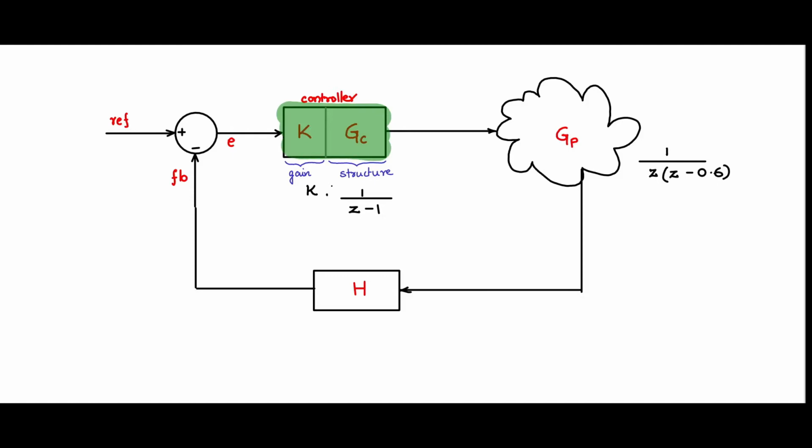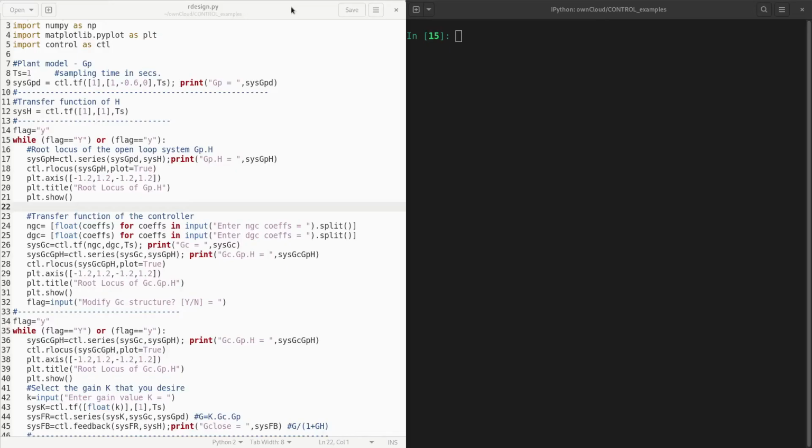And now going back to the script. So let me include the PI part, the integrator part, in the controller structure here as we are iterating, and see what is the effect. So let me run our design for this new plant.